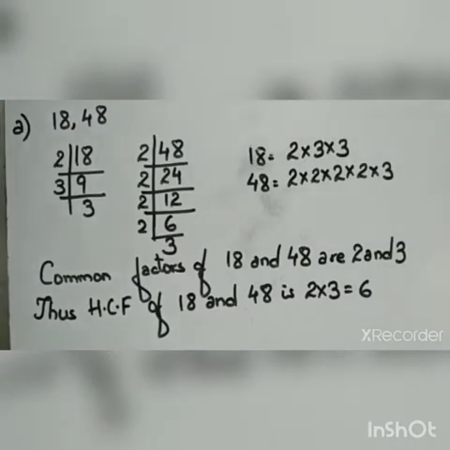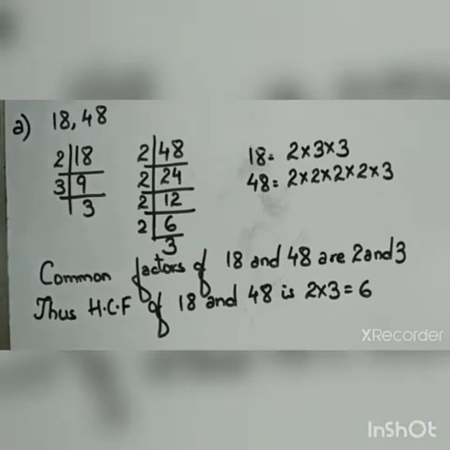So, we observe that the common factors of 18 and 48 are 2 and 3. Thus, the HCF of 18 and 48 is 2 into 3, that is equal to 6.